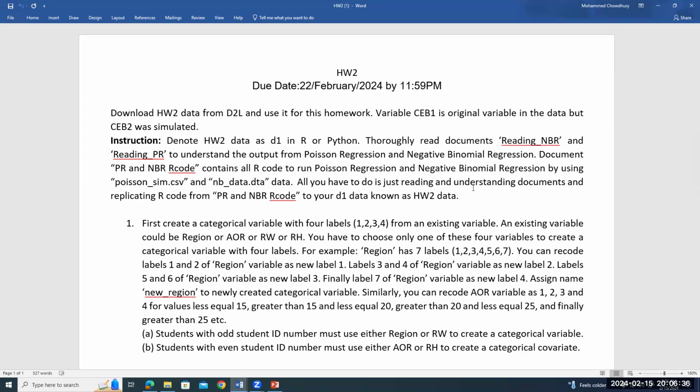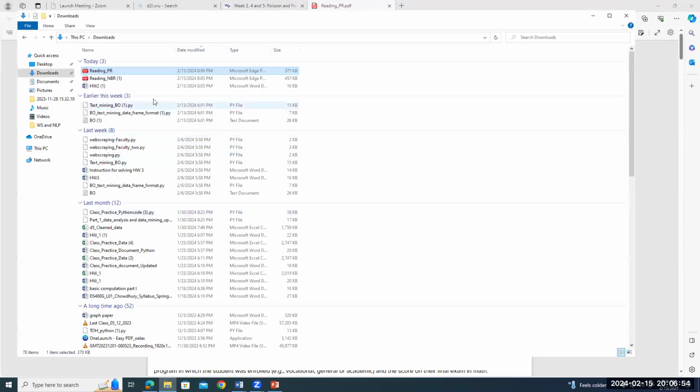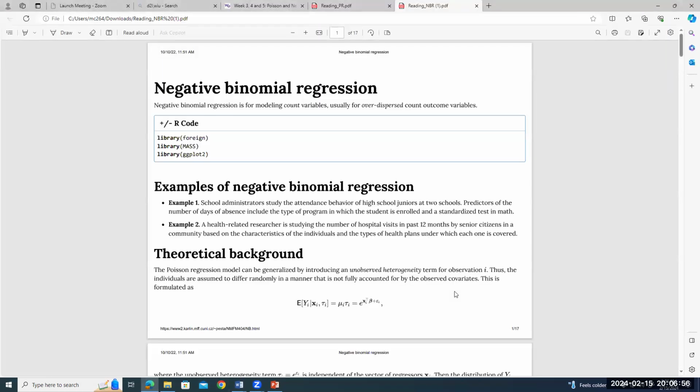Denote homework 2 data as D1 in R or Python. You have freedom. Thoroughly read the documents, reading NBR and reading PR. These are the 2 documents that I want you to read.